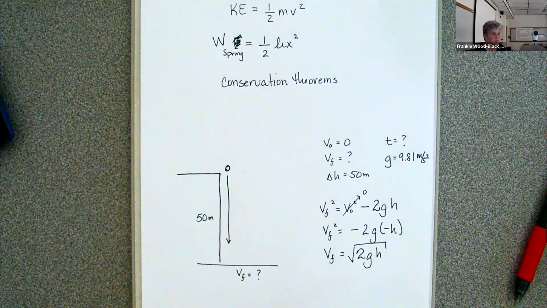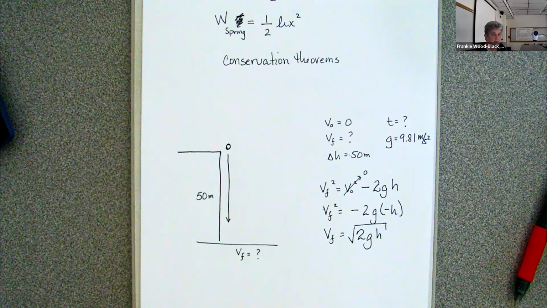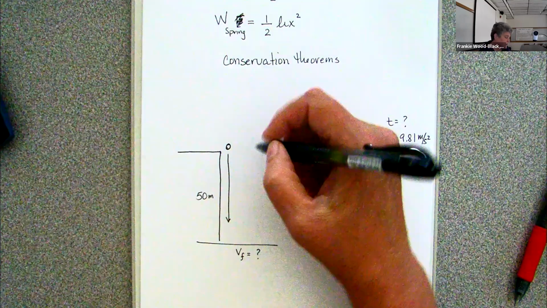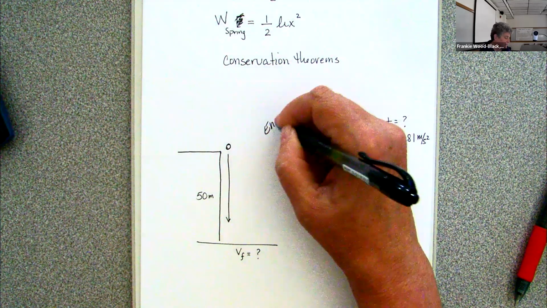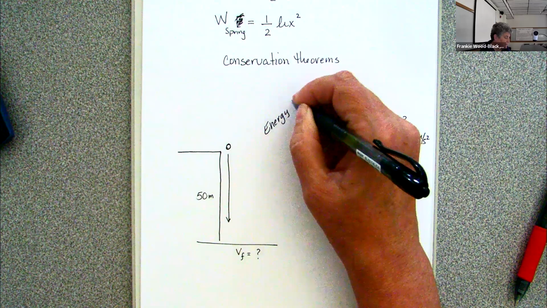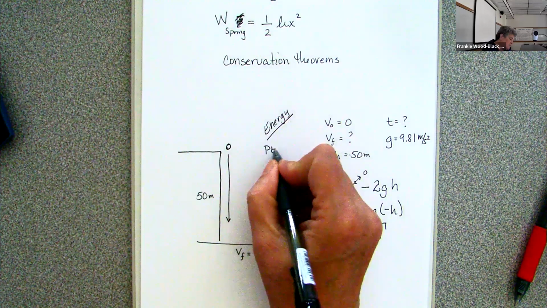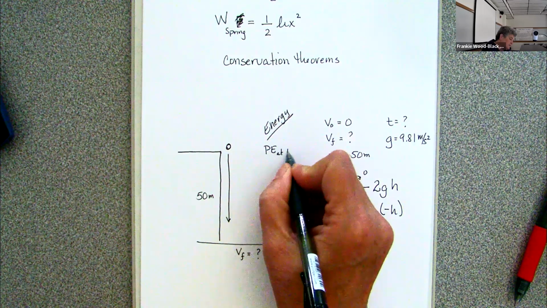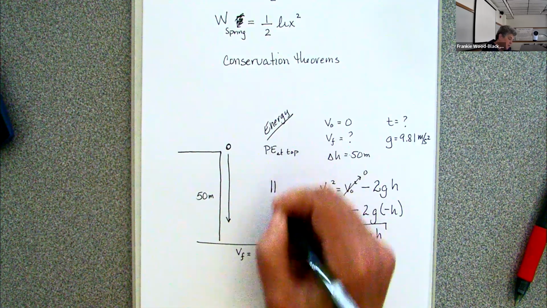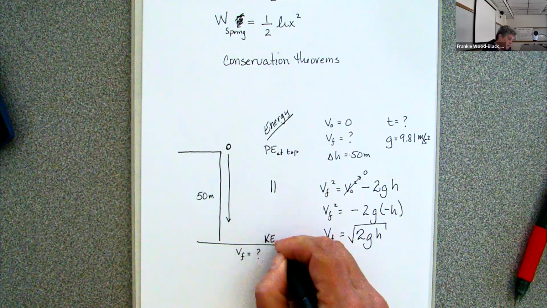So we've been doing those problems for a while, but let's do it looking at energy. We start out with potential energy at the top, which has to equal the kinetic energy at the bottom.